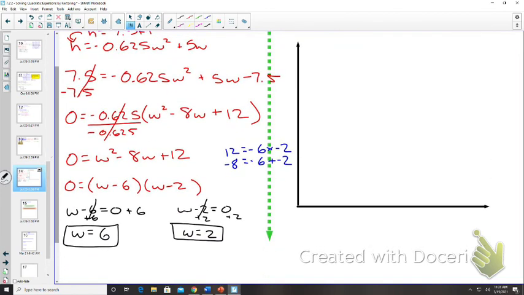So when the width is equal to 2 feet and when the width is equal to 6 feet, what did we do up here before we canceled out? 7.5 is equal to that. So when we've got that to one side, we have just found out where the archway's height is 7.5 feet. So between 2 feet and 6 feet, the height of the archway is 7.5 feet.